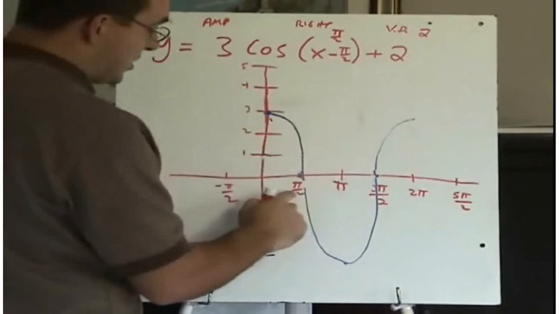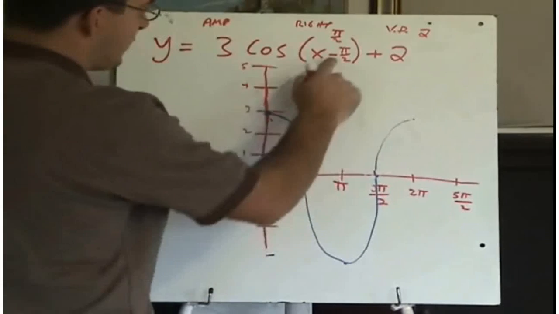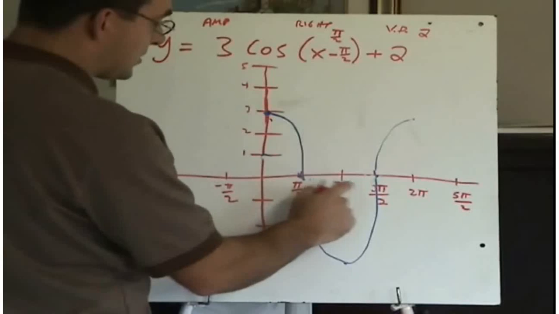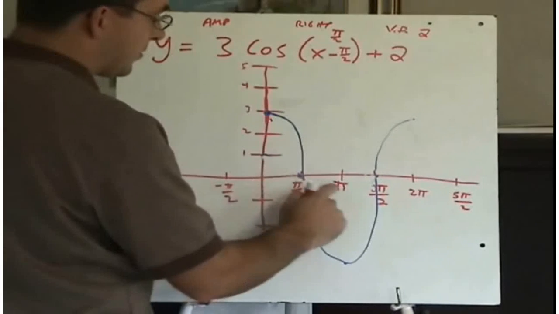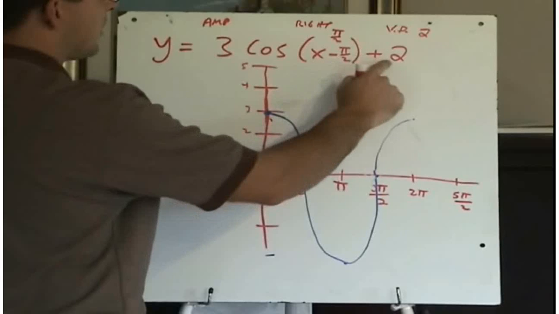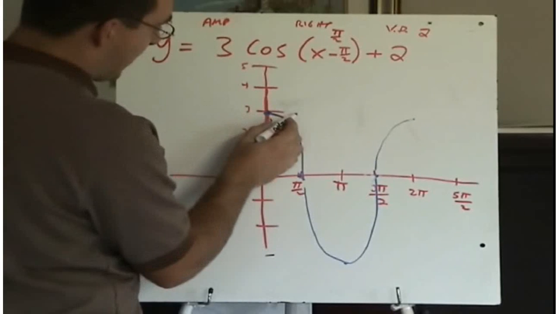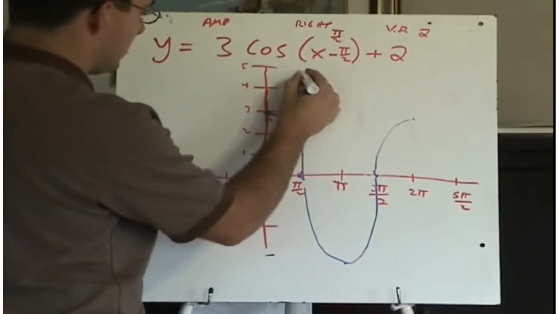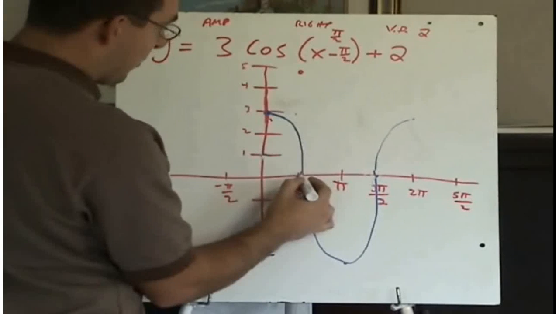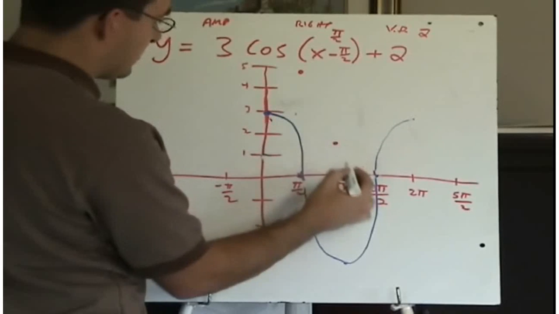I'm going to do both these steps at once. That means I need to move each of these key points right 1 square, because each one of my grid squares is pi over 2, and move them up 2. So this point, moved right pi over 2 and up 2, would appear right here.